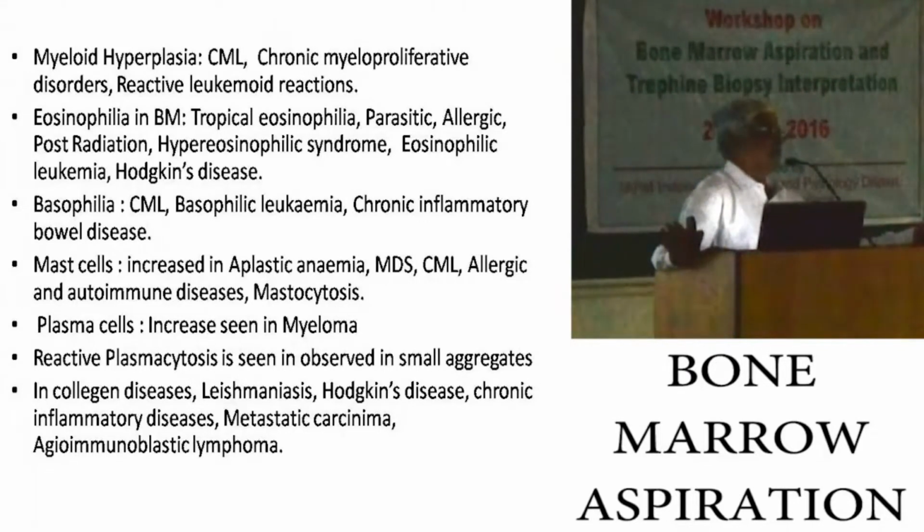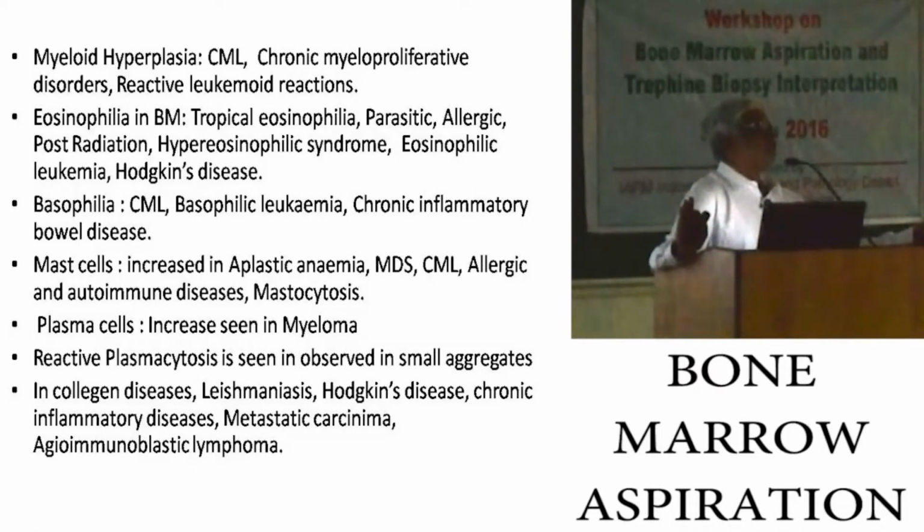This is my experience, though most of the times we think that the diagnosis of chronic myeloid leukemia is very easy. But without a splenic enlargement history, I will not dare to give a diagnosis of chronic myeloid leukemia, though the cell count may be more than 1 lakh.